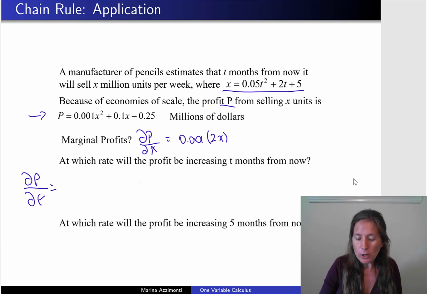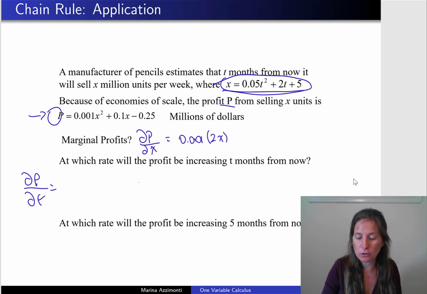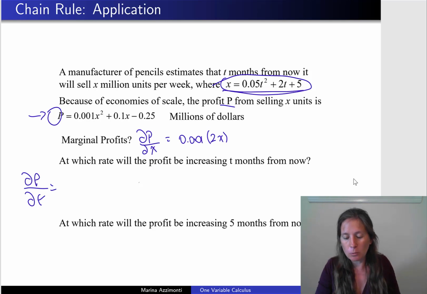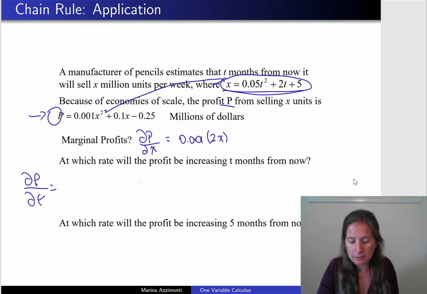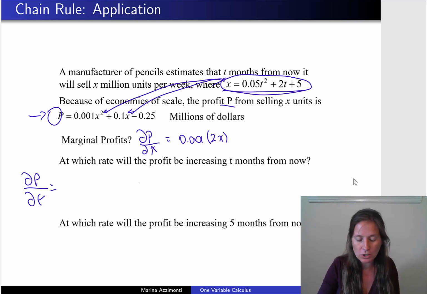And again, we know that we can write P as a function of T using this relationship here. So this is like our G function and this is our H function. And we know that if we plug X here, we are basically using the composition of these two functions. How do we answer this question? We can use the chain rule.